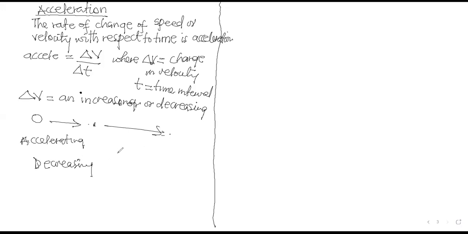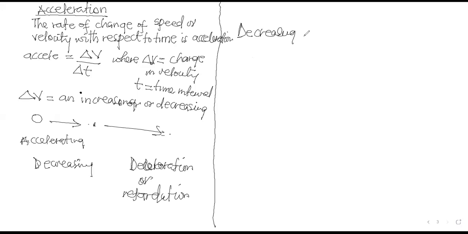If you have a decreasing speed with respect to time, this is known as deceleration, or retardation. So acceleration has to do with increasing speed with time, whereas deceleration or retardation has to do with decreasing speed or velocity with time.